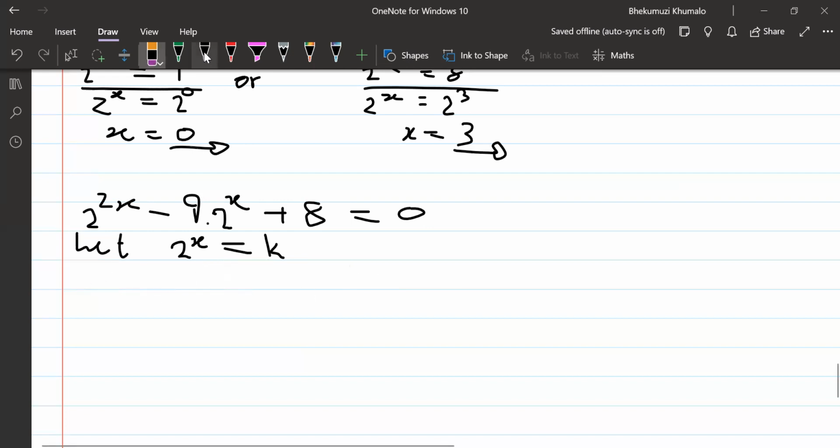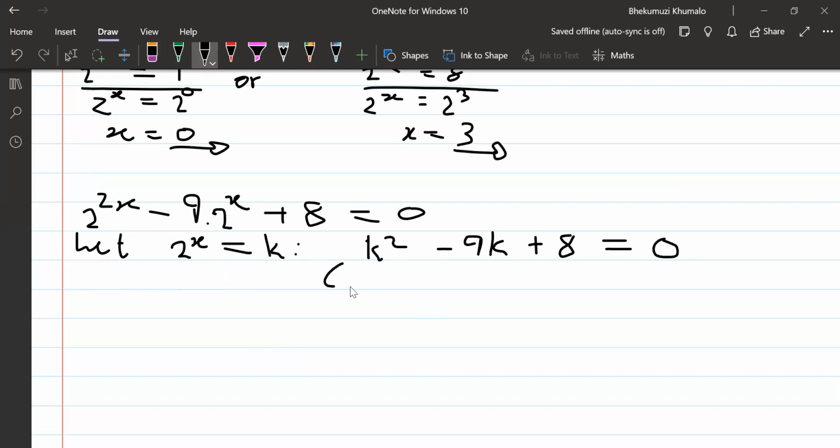And so when we do this, this would result in k to the power 2 minus 9, and then 2 to the power x is k, so it's just k plus 8, and that's equal to 0.